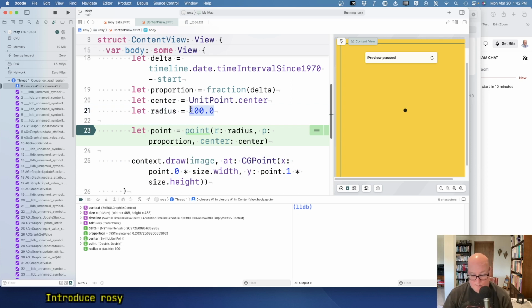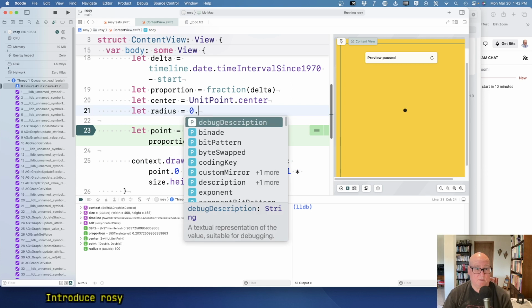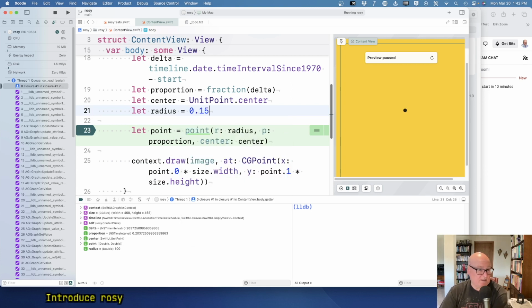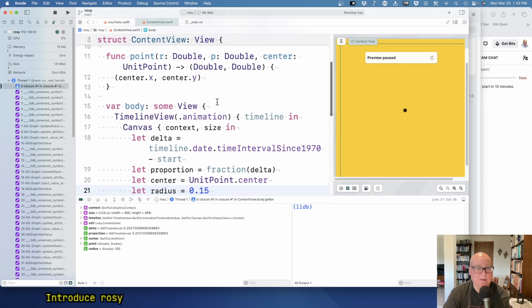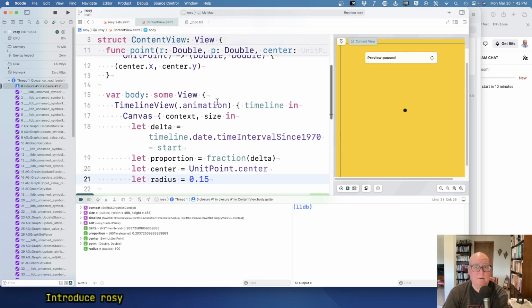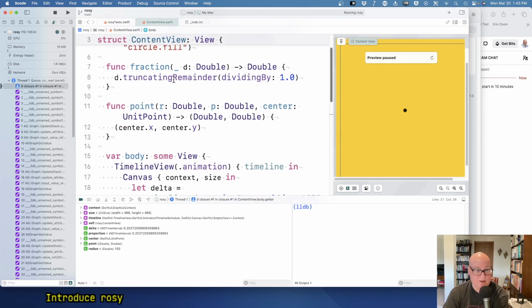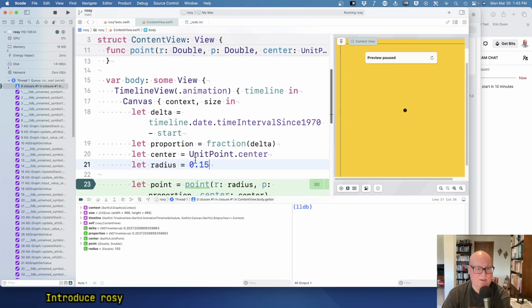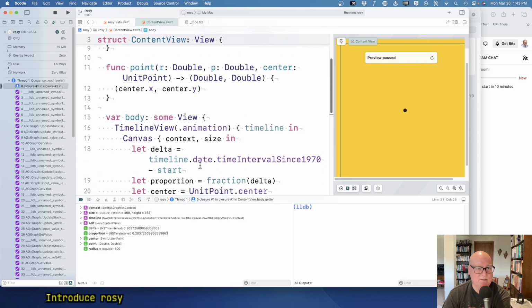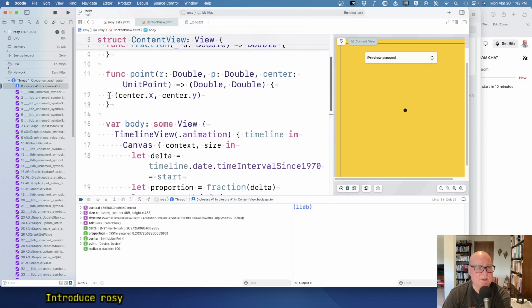So let's do 15%. Okay, so if we take center.x. I didn't do the work. But we do have to keep the radius in 0 to 1 range. So now we just have center x, center y.